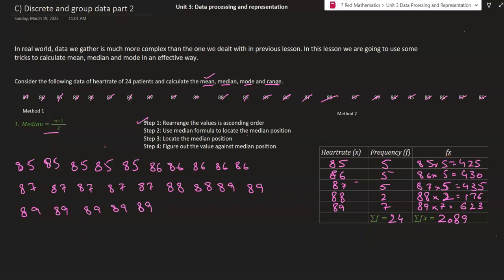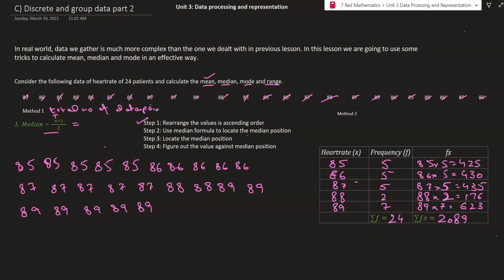So we're done with step 1, and then we have step 2: use the median formula to locate the median position. The formula is (n plus 1) divided by 2, where n is the total number of data points.